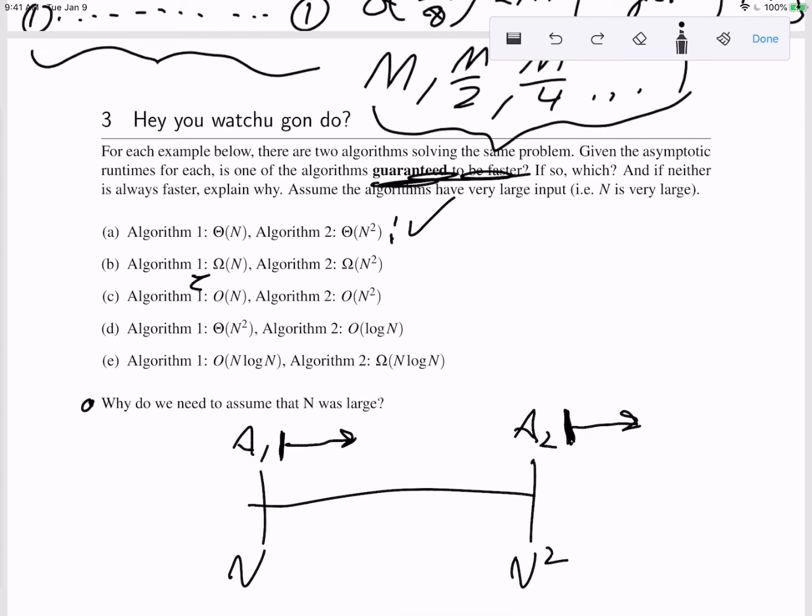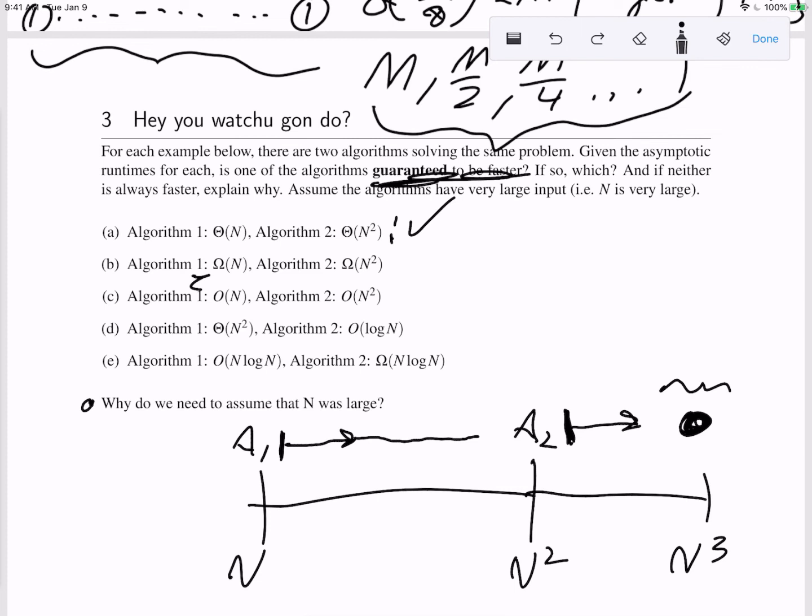Well, no, because algorithm 1 could extend to this area, right? And so could algorithm 2. And they could actually both be theta of something over here, for example, n cubed. So it could definitely be that both these algorithms are theta of n cubed runtime, and that would satisfy both of these requirements, that algorithm 1 is omega of n, and algorithm 2 is omega of n squared.